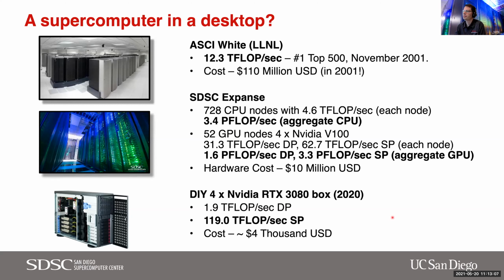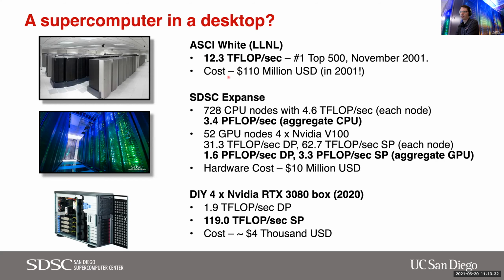And I just want to point out how supercomputers or processors in general have developed over the last 20 years. If you look at the number one of the Top 500 list, that was at Lawrence Livermore National Lab, ASCI-wise, the supercomputer had a total performance of 12.3 teraflops.